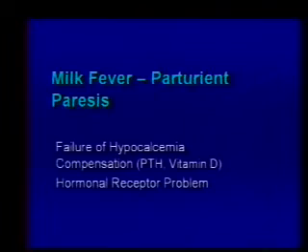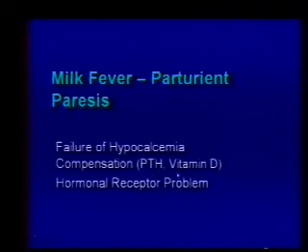There is a tremendous amount of calcium that is lost from circulation into the udder as the cow is making colostrum, as she's manufacturing colostrum. So consequently, a hypocalcemia occurs in these animals, and there is a failure of the hypocalcemia compensatory mechanisms to take over.